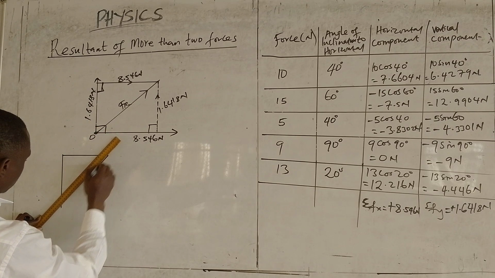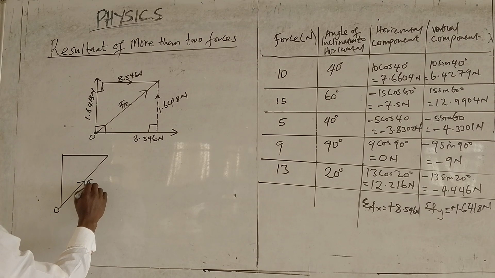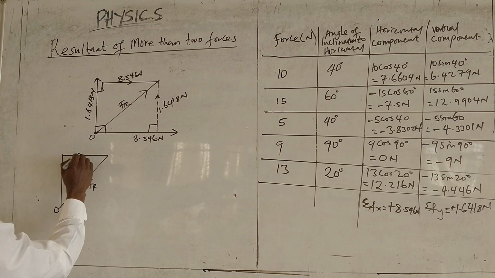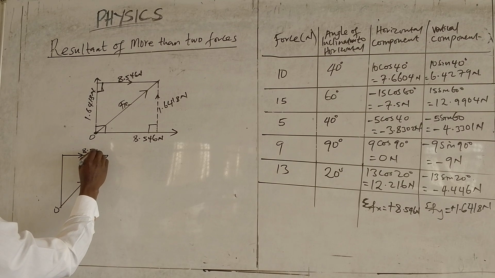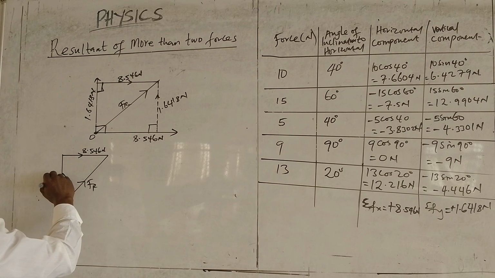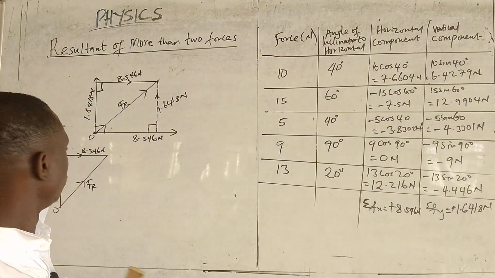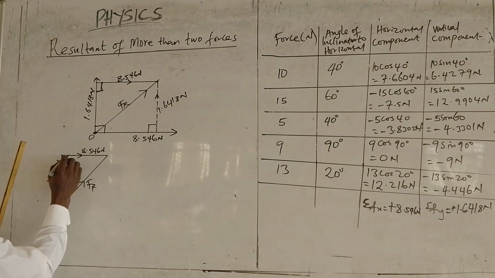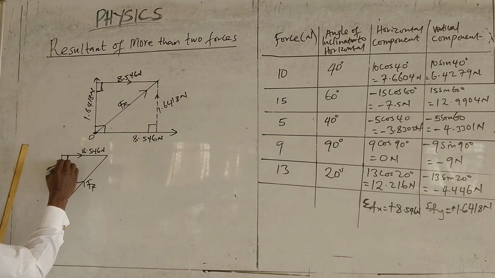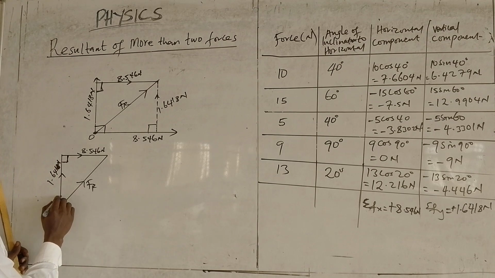So we have the origin, my resultant FR, this Fx, 8.546 Newton, this Fy, 1.6418 Newton. Now, if you like, use the law of parallelogram of forces with the cosine rule. If you use the cosine rule, you will still arrive at Pythagoras theorem.